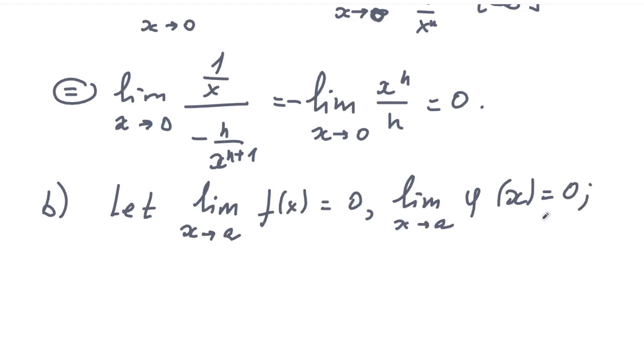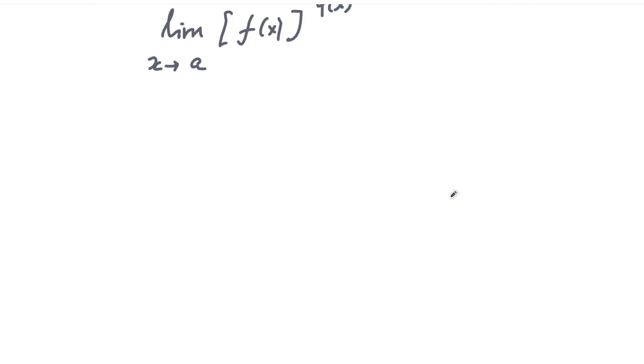It is required to find limit of f of x to the power of phi of x as x approaches a. Or, as we say, to evaluate the indeterminate form 0 to the power of 0.